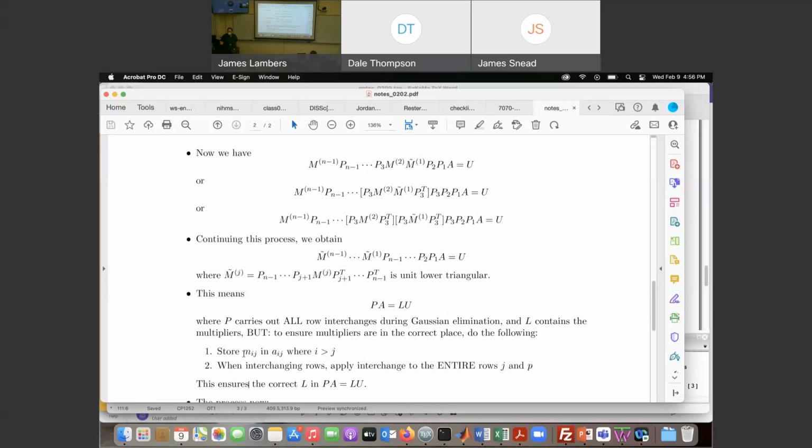So as long as you swap your stored multipliers, then even though this is what you actually did during Gauss elimination, the final result will consist of the M tildes. This swapping of your stored multipliers accomplishes that. Then at the end we can just separate the L and the U out of the matrix that we stored.